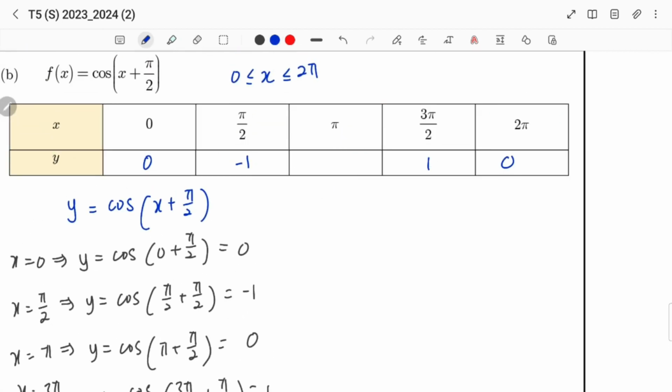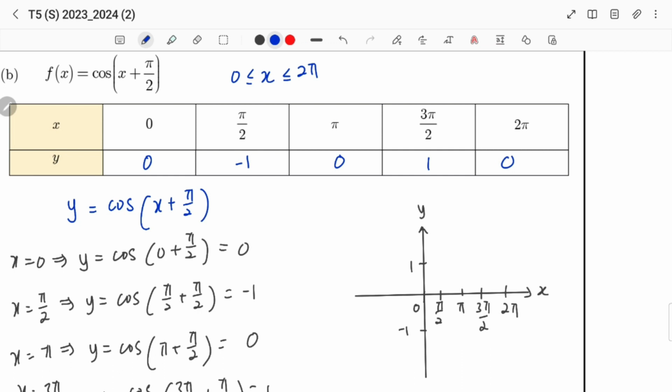And then prepare to sketch the graph. Draw the y-axis and also the x-axis. Write down all the values of x: 0, π/2, π, 3π/2, 2π. And then the values of y that we have are just 0, 1, and −1.